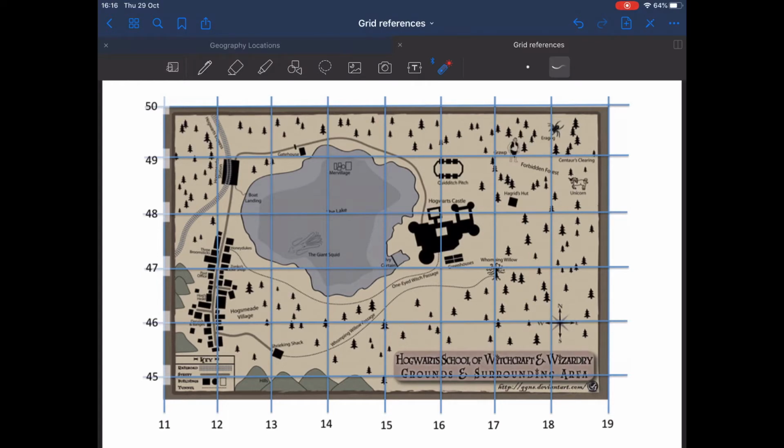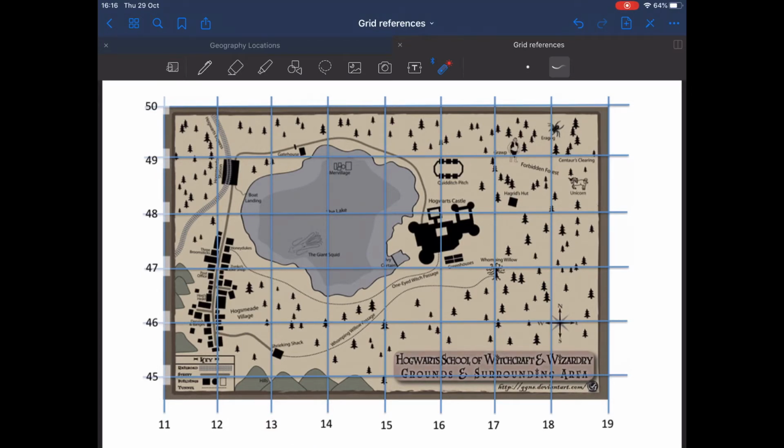So let's say, for example, we wanted to identify the giant squid, which is right in the middle of our map here. And we can see that that giant squid is located in this grid square. So we would start off by looking for the left-hand line and see what the number is on it. And we can see that in this left-hand line, the number is 13. So the start of our grid reference would be 1, 3, or 13.